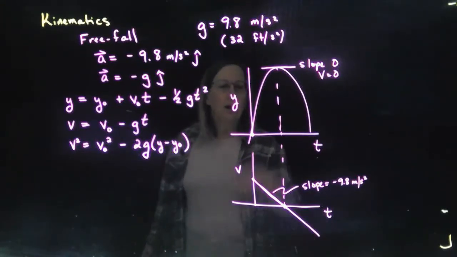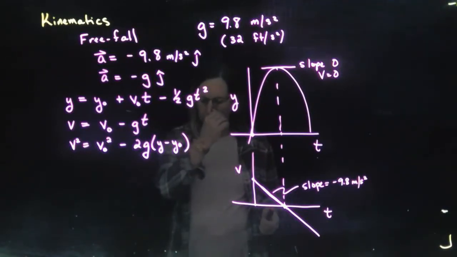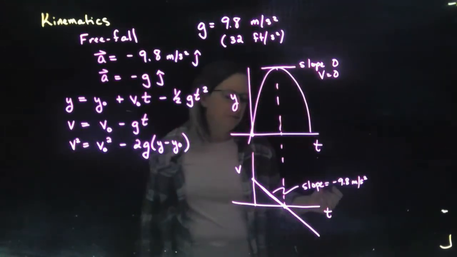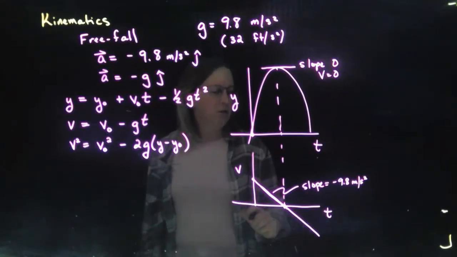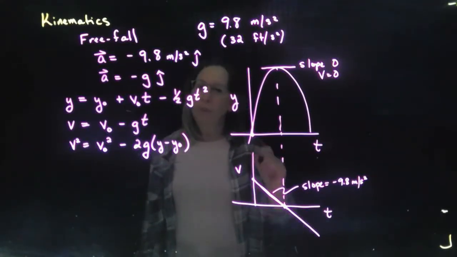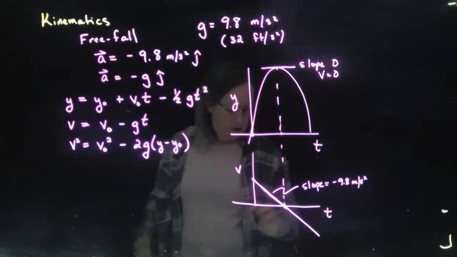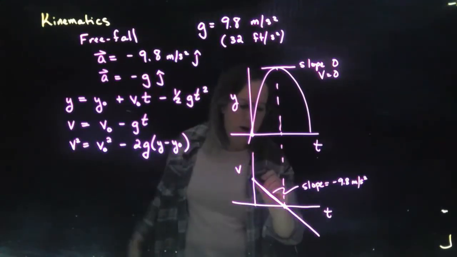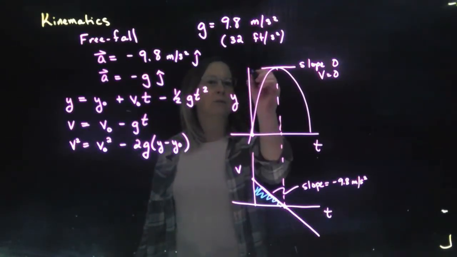So that's how we set these up, and we can read the information. Some other information we can read here is, remember that the slope of the velocity versus time gives you the acceleration, but the area under the curve is the antiderivative, or the displacement. So if we measured the area under the curve, this area right here, while it's traveling up, if you calculated this, that would give you this height, right?